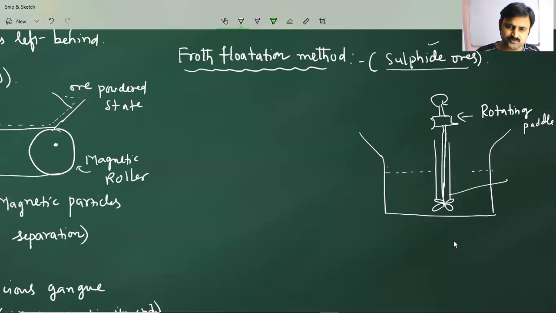Here, pulp of ore plus oil will be taken, and at the bottom side of the diagram, the paddle draws in air and stirs the pulp.